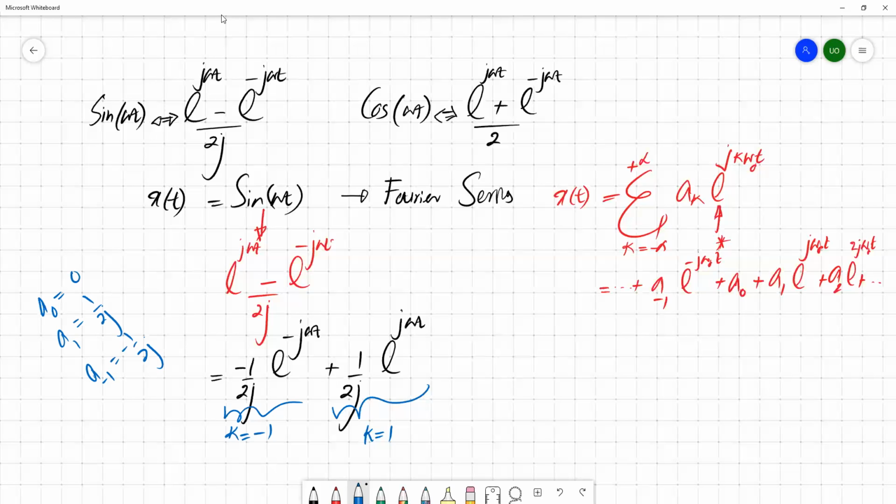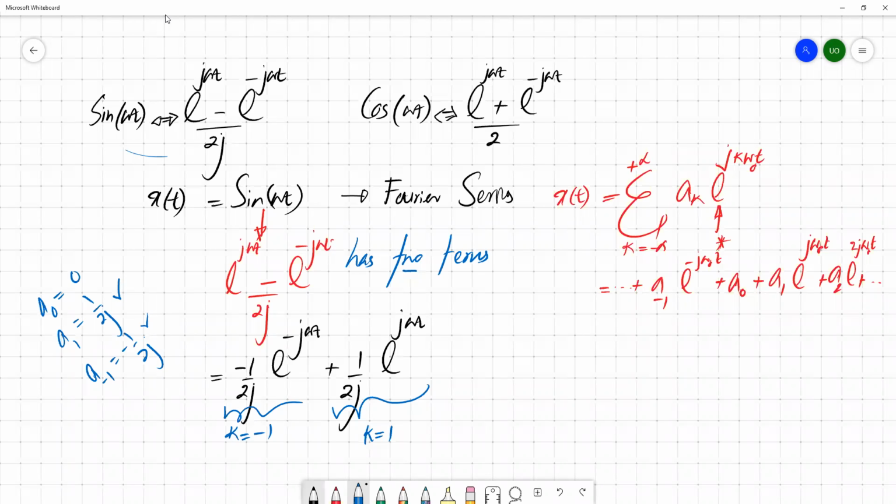So this basically has two terms, not an infinite number of terms. One term is this, and the other term is this. So this is the one coefficient, and this is the other. We need this conversion when we apply the Fourier series.